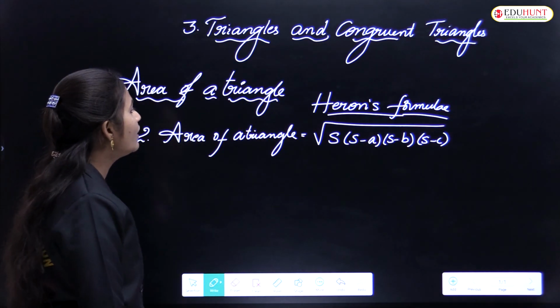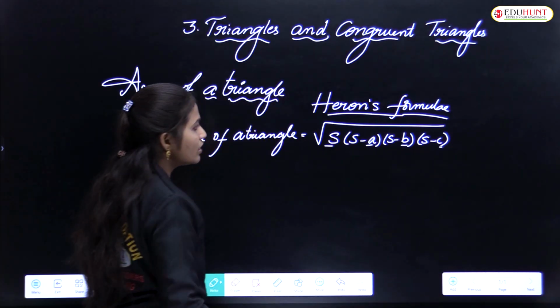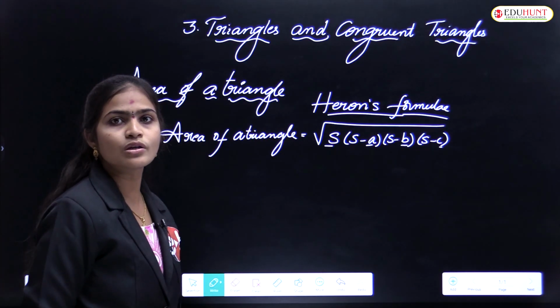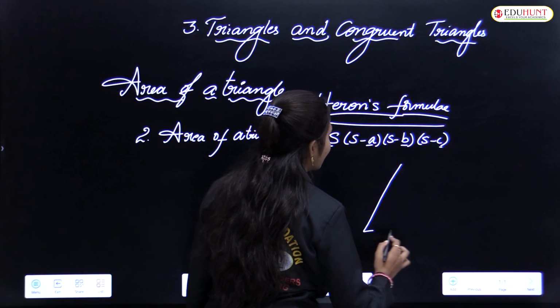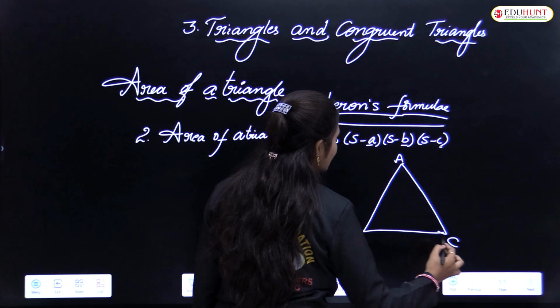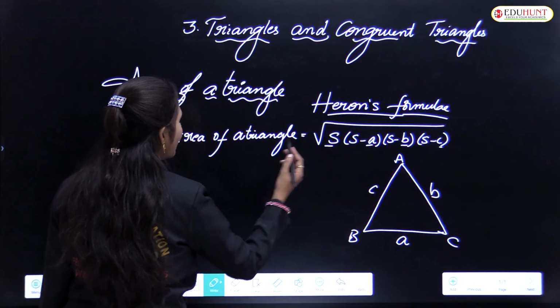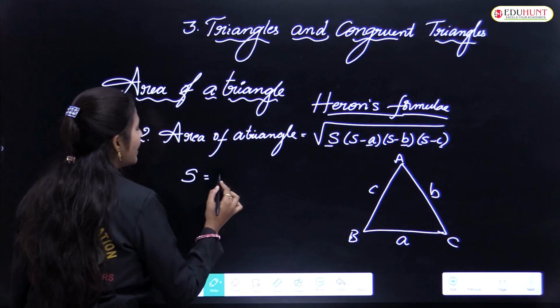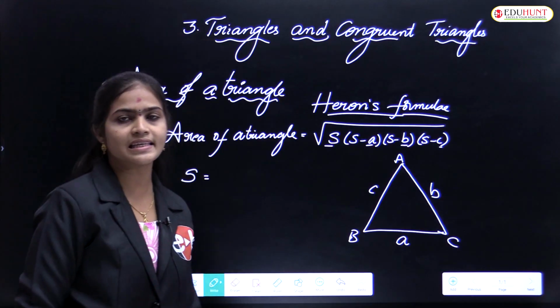So what about S here and what about A, B, C? Already we know that small a, small b, small c are the sides of a triangle, no? So in a triangle ABC, small a, small b, small c are the sides of a triangle. And what is S here? S is equal to half of the perimeter of triangle ABC.